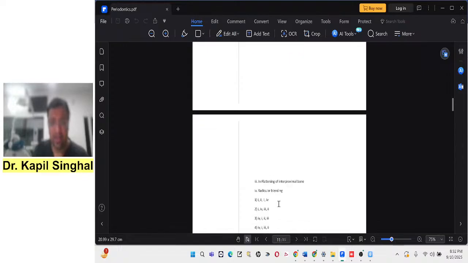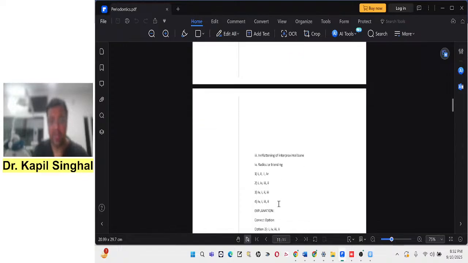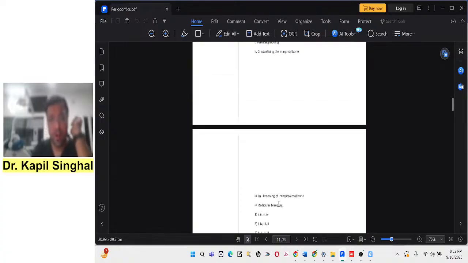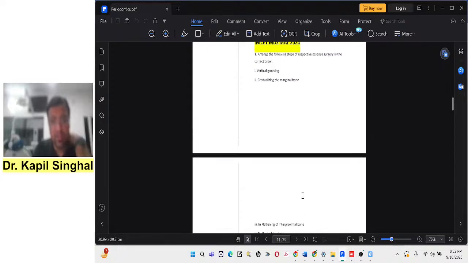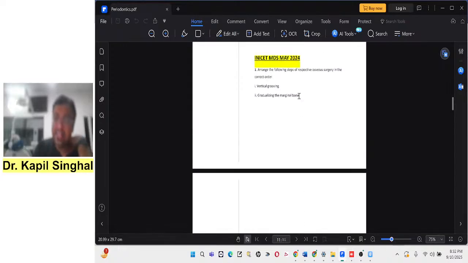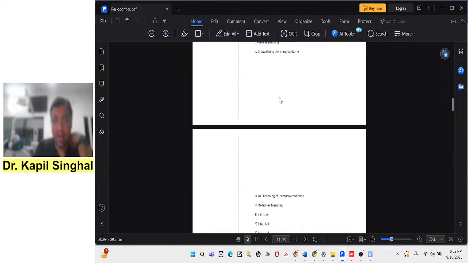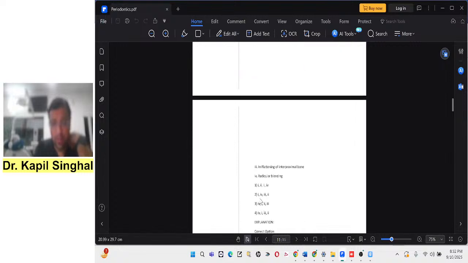Once this is done, the next step is flattening of the interproximal bone. And at the end, the marginal bone is corrected, so whatever ledges and peaks are there are corrected in step 4 by gradualizing the marginal bone. So the order is 1, 4, 3, 2. So the answer here would be option 2.